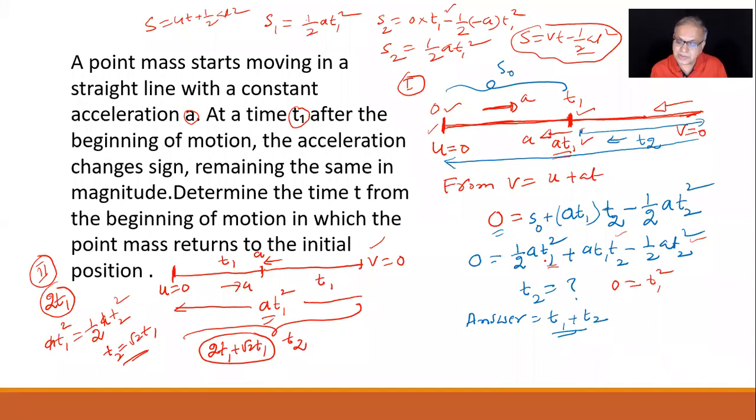This is a constant, children, not its known value. 2T1 T2 minus T2 square you get. So this is a quadratic equation in T2. Yes, any question, children? Okay, I'll go for the next one.